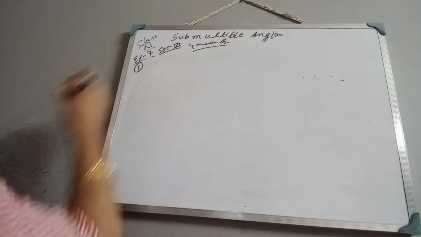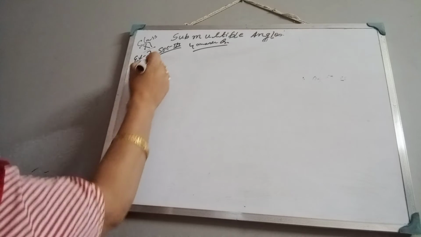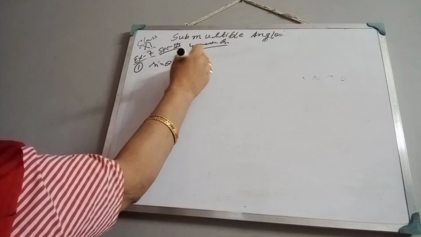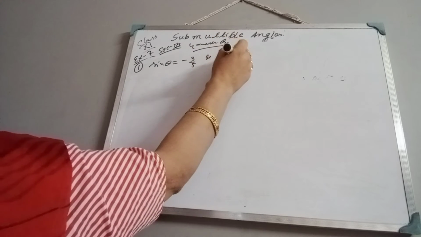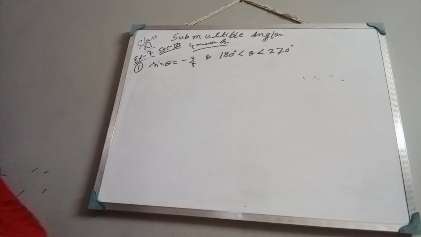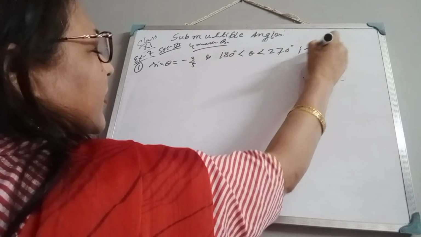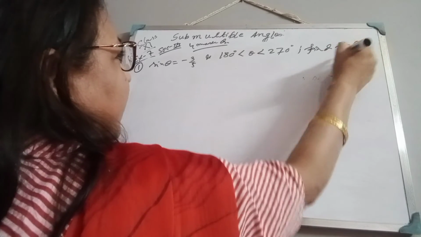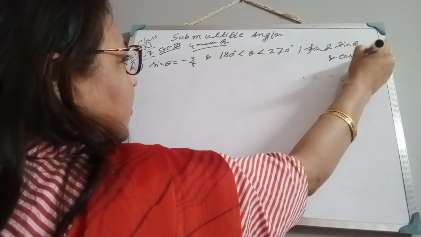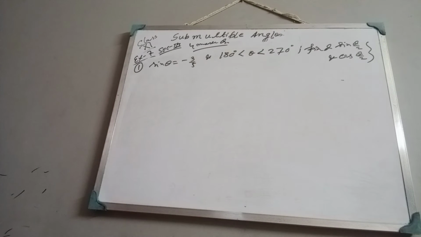Sum number 1. Question is what? Sin theta equals minus 3 by 5 and 180 degree less than theta less than 270 degree. Find the values of sin theta by 2 and cos theta by 2. Okay. Find sin theta by 2 and cos theta by 2. Okay.